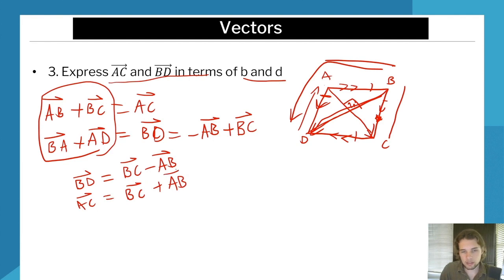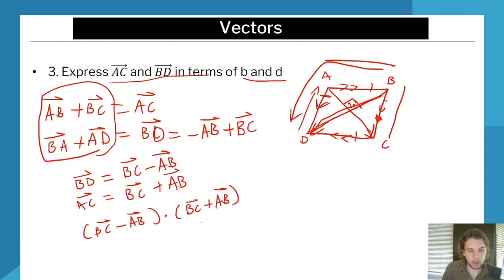We have A to C equals B to C plus A to B. So we can immediately see we're probably getting somewhere in terms of relating these using the dot product. So now that we have these two lines, let's dot product them together. We do B to C minus A to B dot B to C plus A to B. Now we can expand this in the same way we would multiplication.